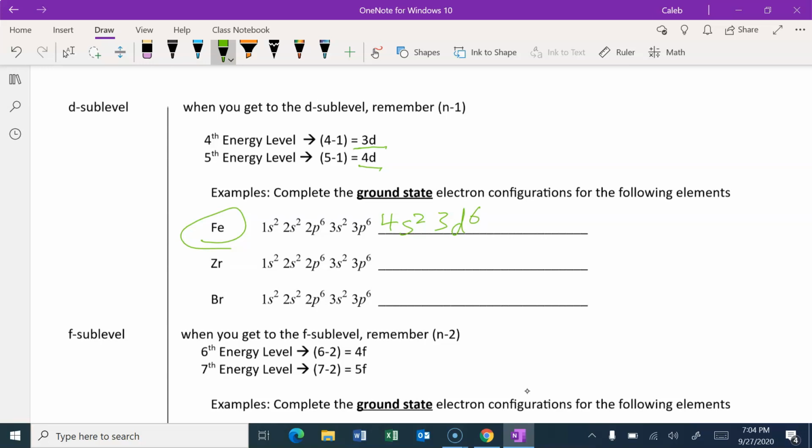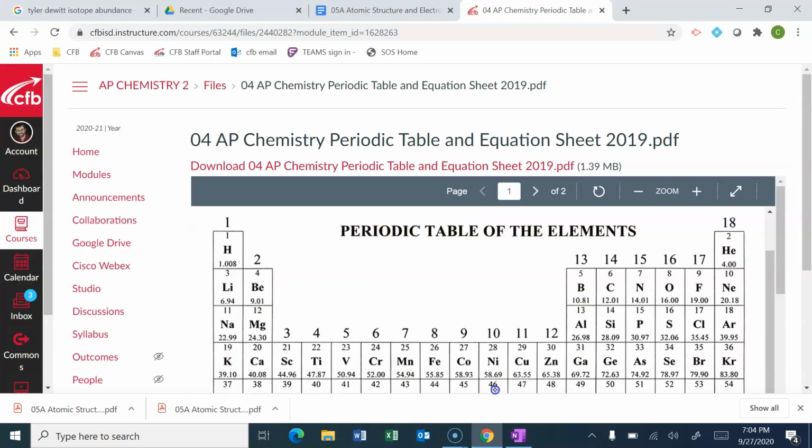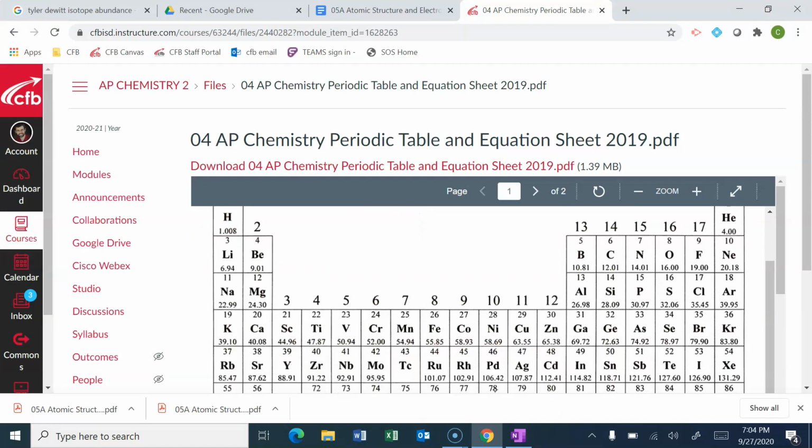All right, the next one's zirconium. 1s2, 2s2, 2p6, 3s2, 3p6. Zirconium is down a layer, so we're going to have to go 4s2, 3d, 1, 2, 3, 4, 5, 6, 7, 8, 9, 10.